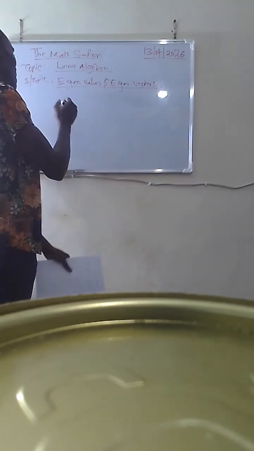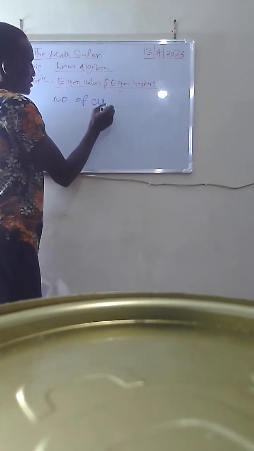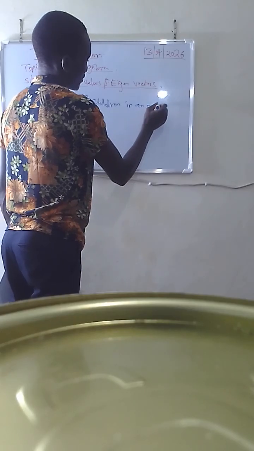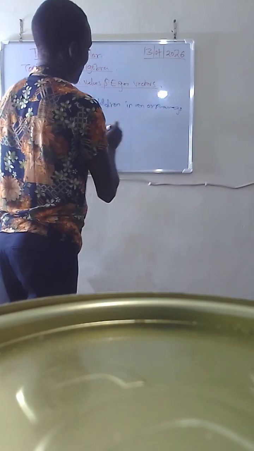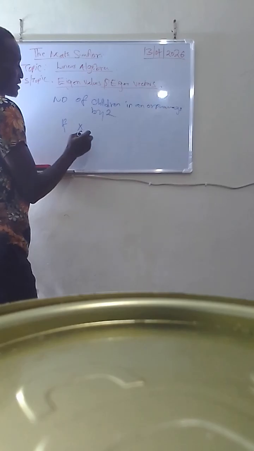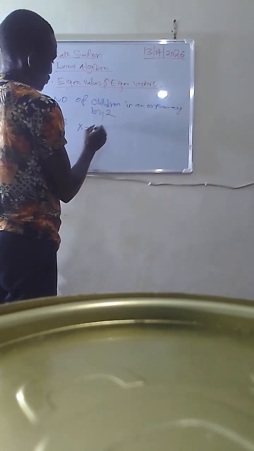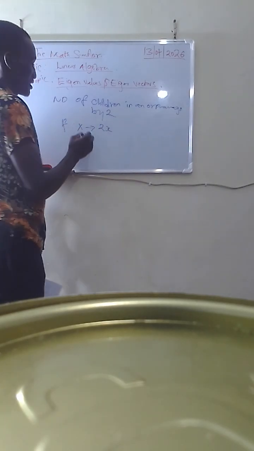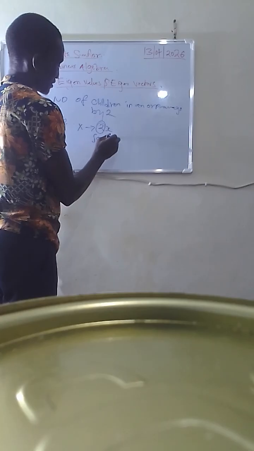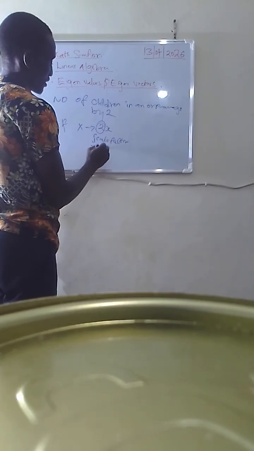When you increase the number of children in an orphanage by 2, meaning if they were x and you increase this x to 2x, then this 2 becomes the scale factor, which is also called the eigenvalue.